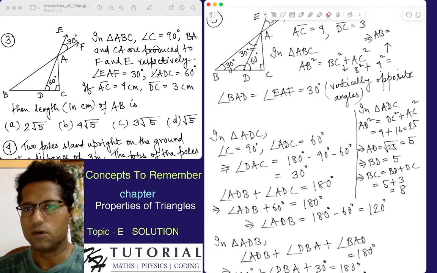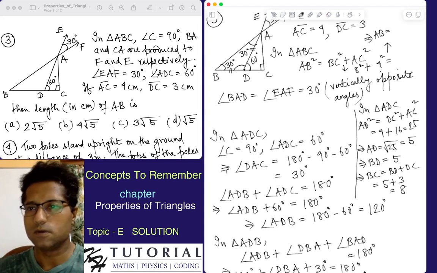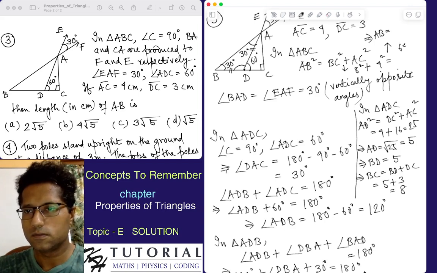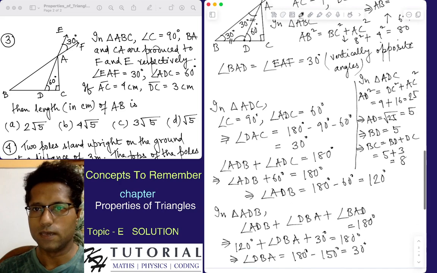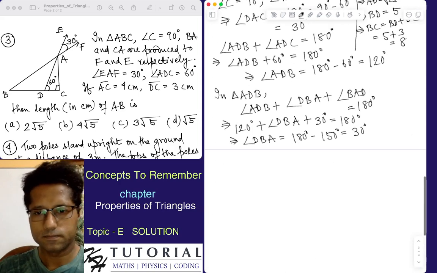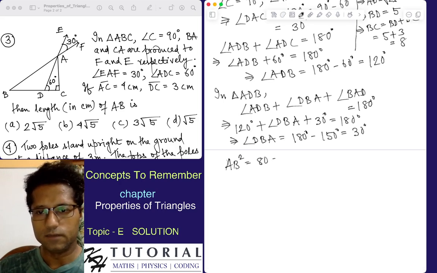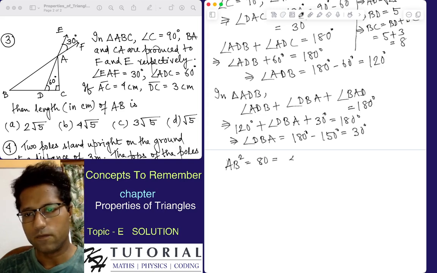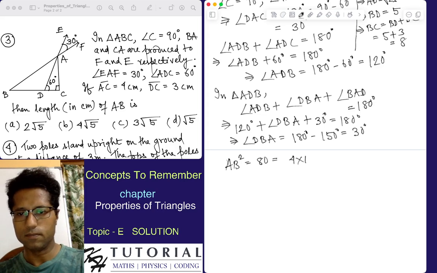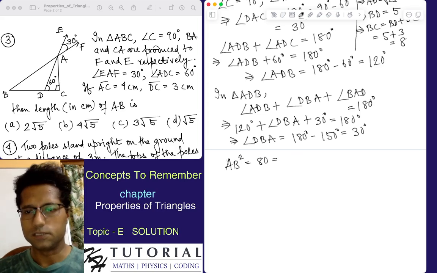This is 80. So AB square is 80, which is equal to 16 into 5.